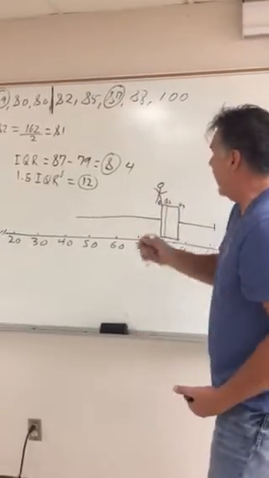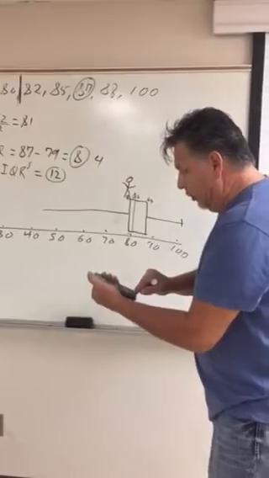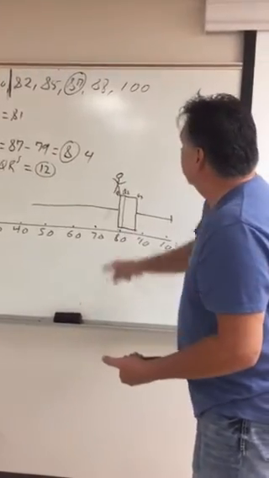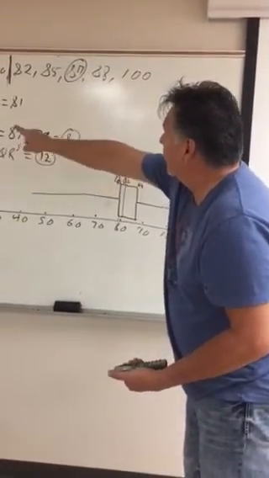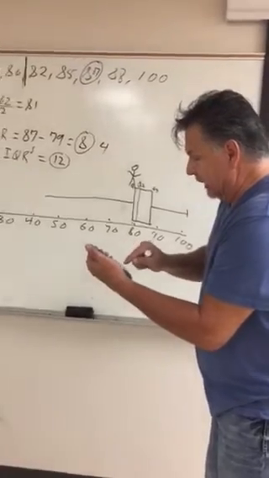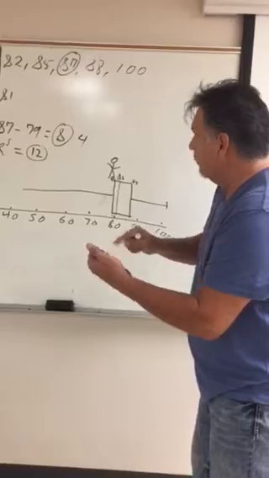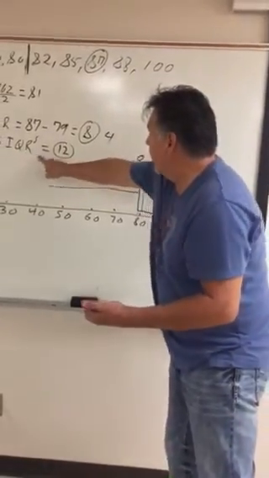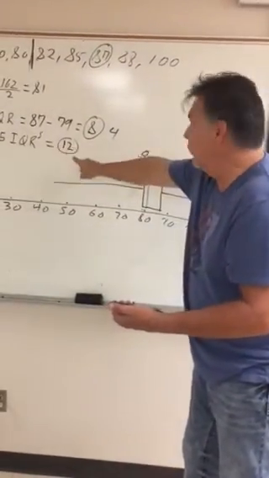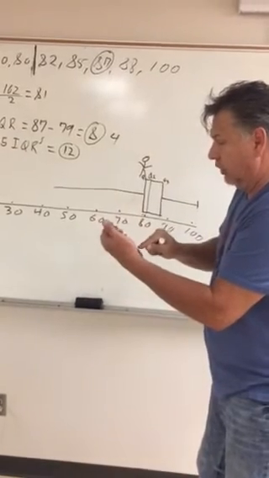So let's go ahead and cast the net. I'm standing at Q1, and I know that Q1 is 79. So I'm standing at 79, and I'm going to subtract my Tukey net, which is 1.5 IQRs, which is 12.